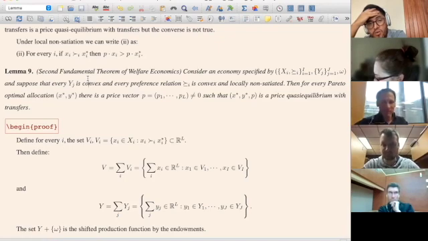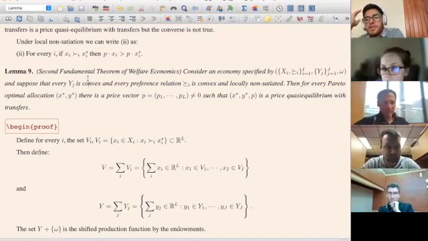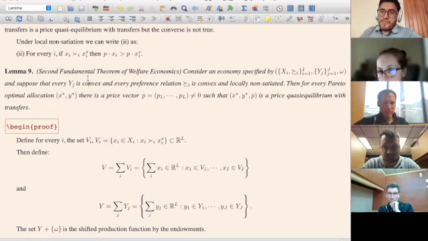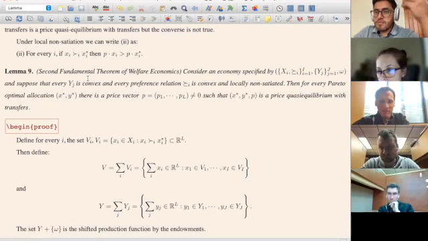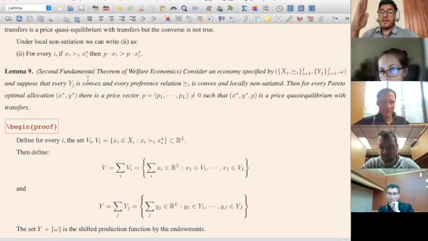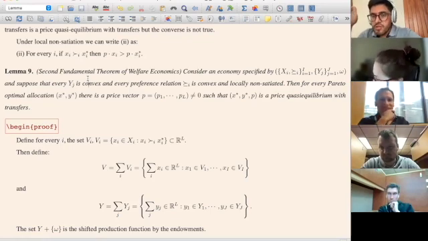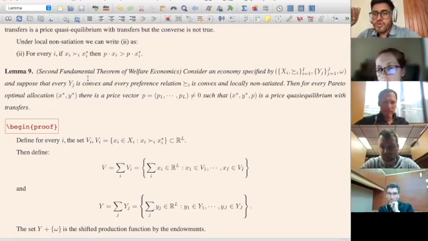such that X star, Y star, P is a price quasi-equilibrium with transfers. All of this is to say that I can take any allocation that is Pareto optimal, and then I can create a vector of prices, possibly negative for some of them, but not all 0, such that X star, Y star, and P is a price quasi-equilibrium with transfers.